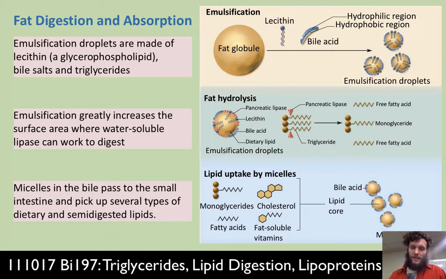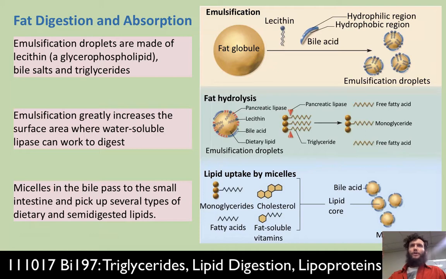Now, these tiny little free monoglycerides and fatty acids are going to get together with some cholesterol and various fat-soluble vitamins like vitamin E, maybe some vitamin D, maybe some vitamin A that are in your diet, probably mostly vitamin E, and they're going to form these micelles, even smaller.